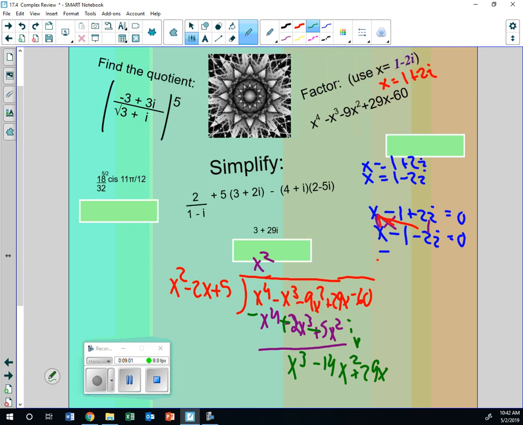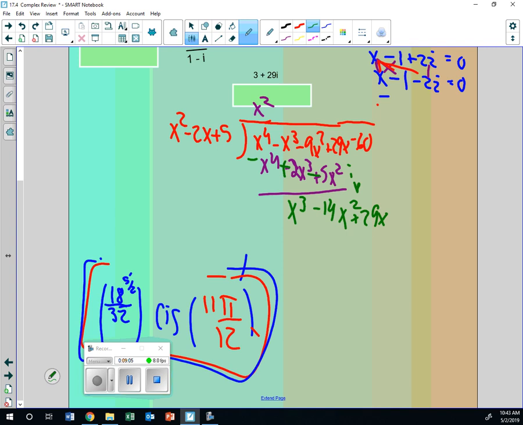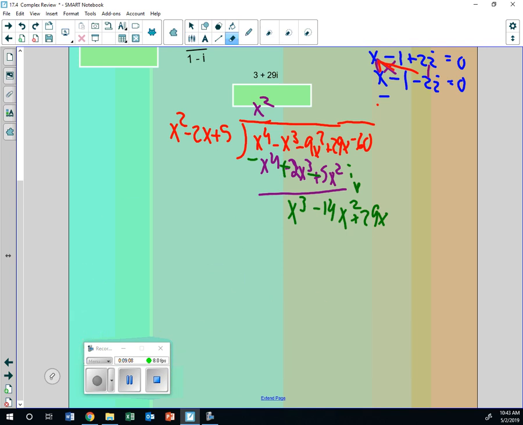Not 14. Did I do something? No, you're good. Okay, well, that's fine. All right, so then x squared times what is x cubed? Plus x, so that gives you x cubed minus 2x squared plus 5x.